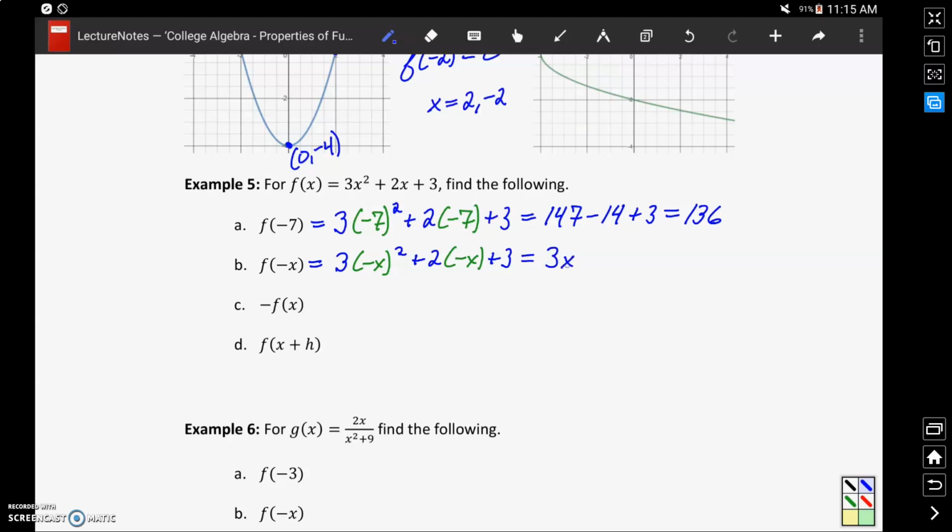Evaluating will give us 3x squared, since our exponent of 2 will cancel out that negative, minus 2x, so bringing that negative in our second term out front, plus 3.